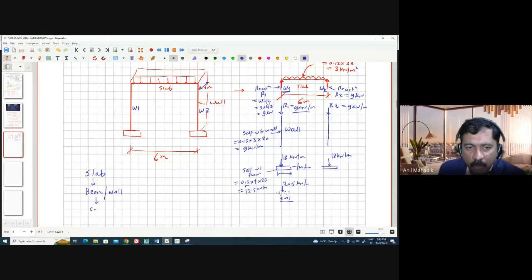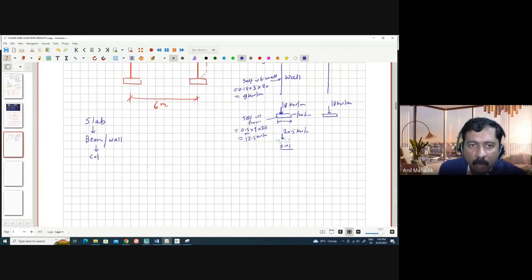Then it will transfer to the columns or walls. Then it will transfer to the footing, and from the footing it will transfer to the soil. This is called a load path. This total terminology means load path. This is for gravity conditions. We are talking about gravity loads only.